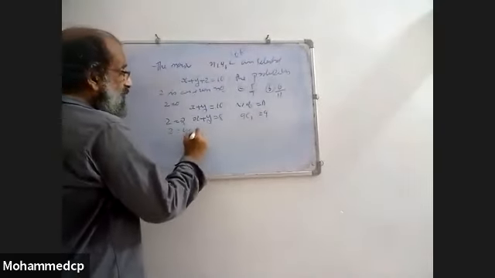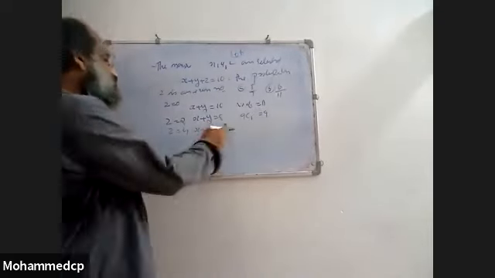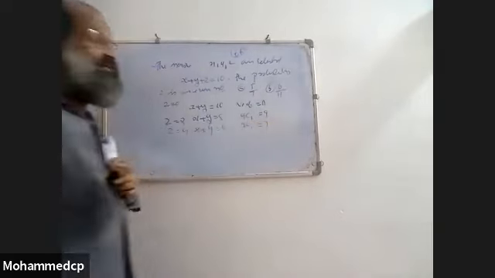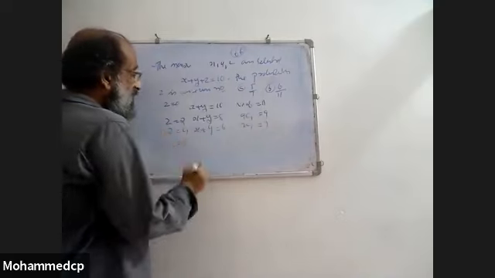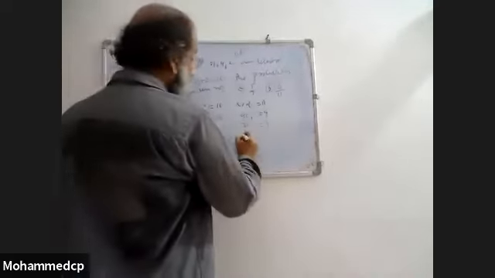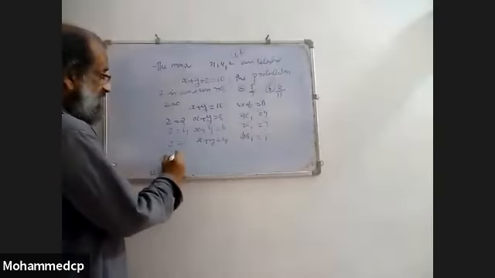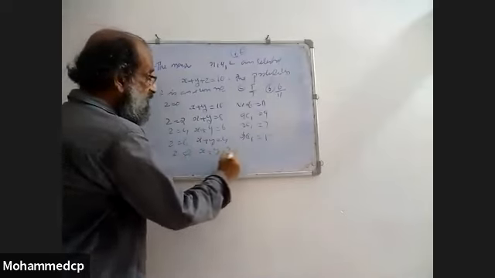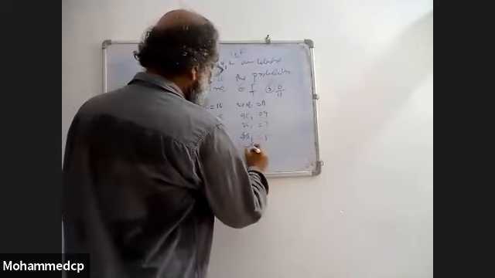When z is 4, x plus y is 6. 6 plus 2 minus 1, 7C1, equal to 7. When z is 6, x plus y is 4. 4 plus 2 minus 1, 5C1, that is 5. When z is 8, x plus y is 2. 2 plus 2 minus 1, 3C1 is 3.